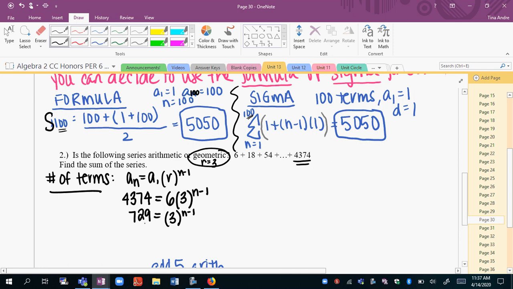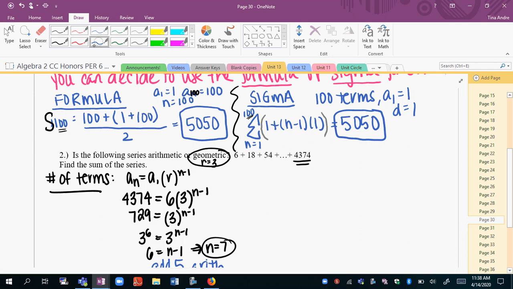So how can I raise 3 to some power and get 729? Well, it's going to be 3 to the 6th power. You could also take logs here to solve this instead of common bases. That would work as well. So I have 6 equals n minus 1. If the bases are equal, then so are the exponents. I solve that and get n equals 7. So that means there are 7 terms in this series.